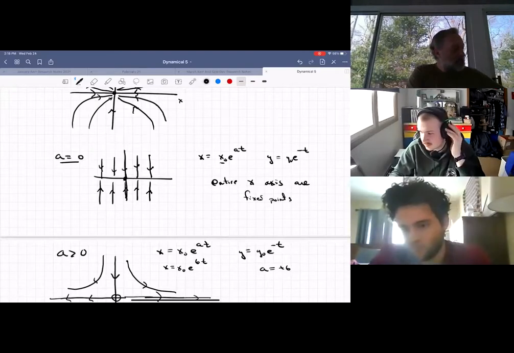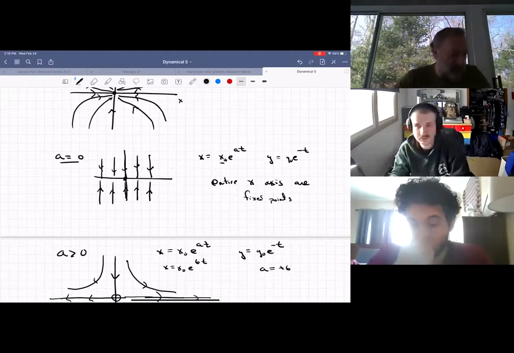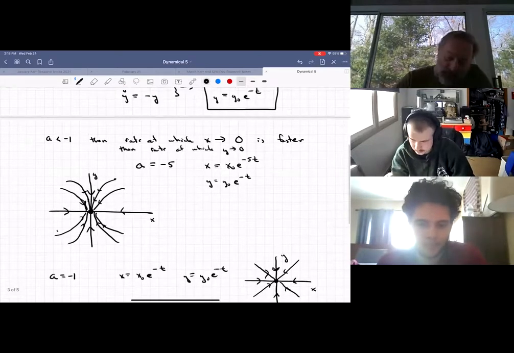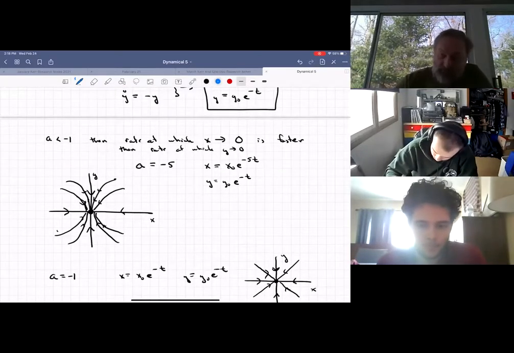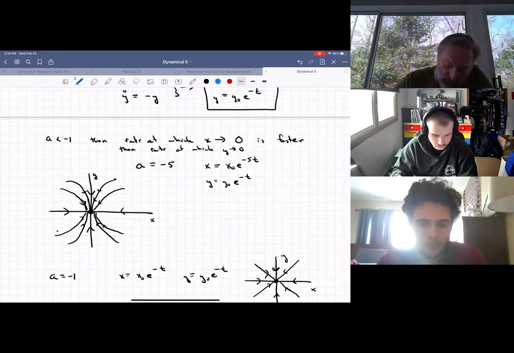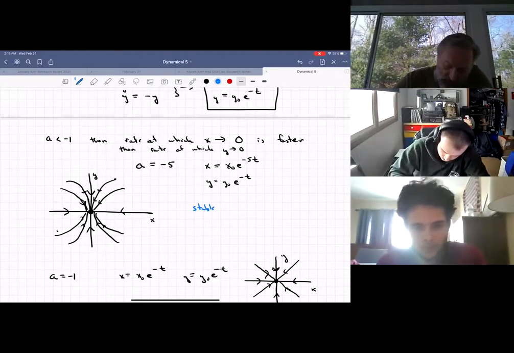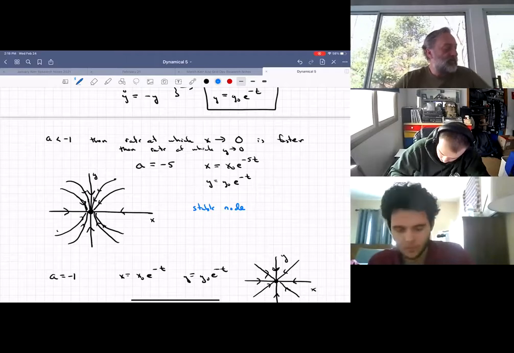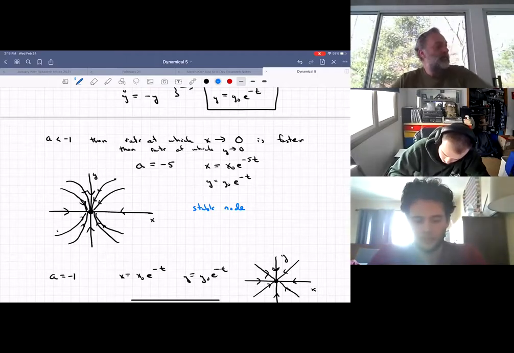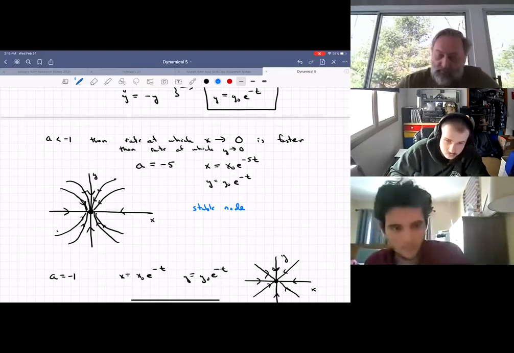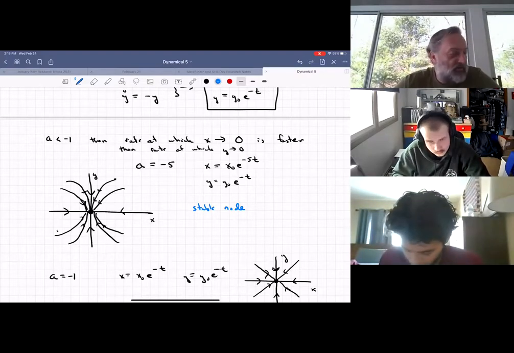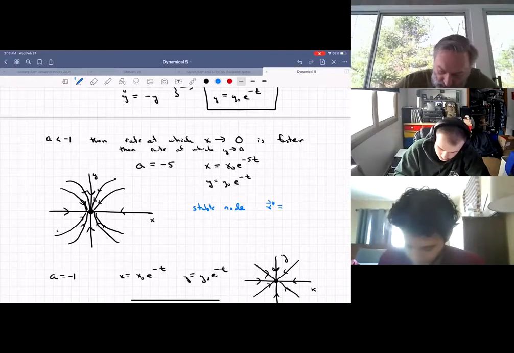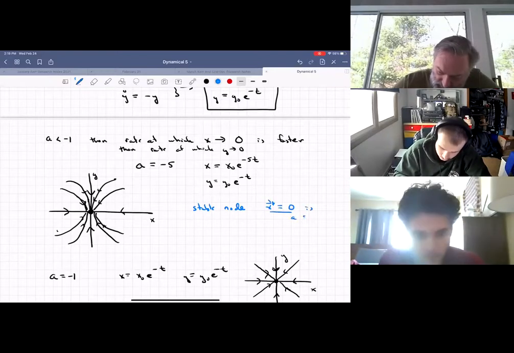Okay. So these different things have different names. Let me go back up here. This particular shape of the phase portrait is called a stable node. A stable node is a fixed point where I'm coming towards the fixed point in all directions. So we say that x star, the origin, is a stable node.